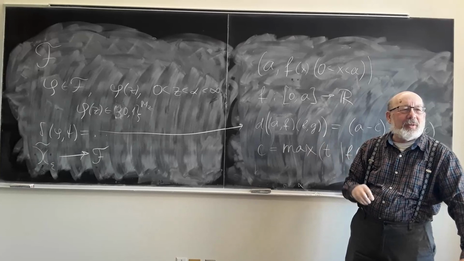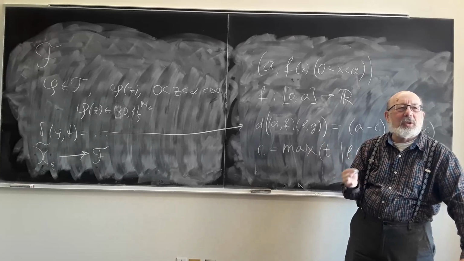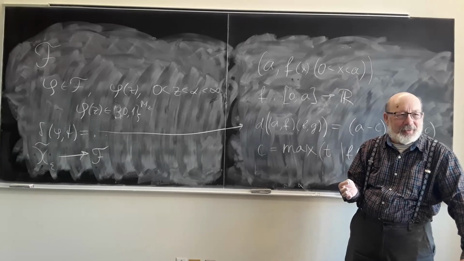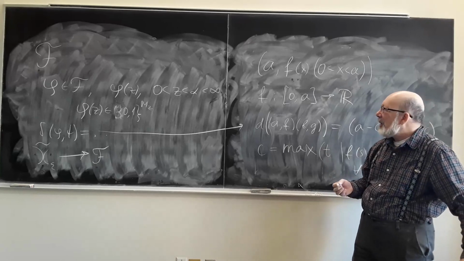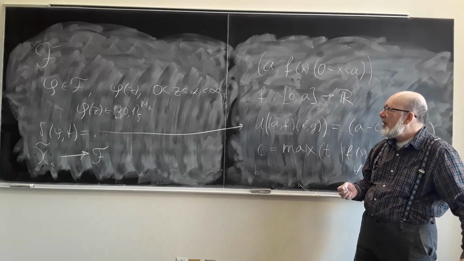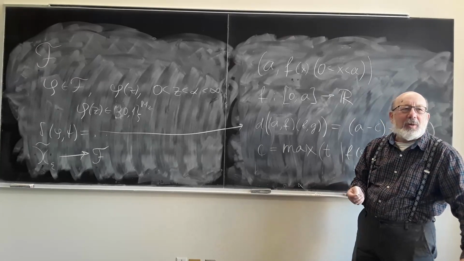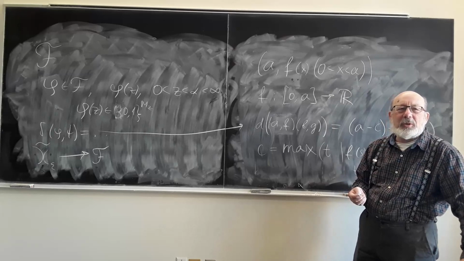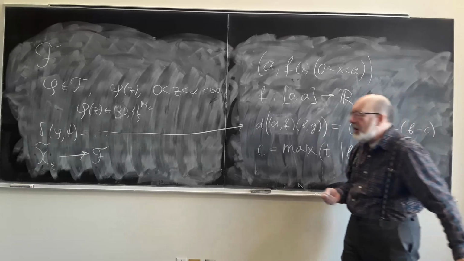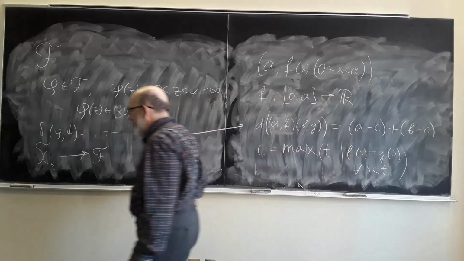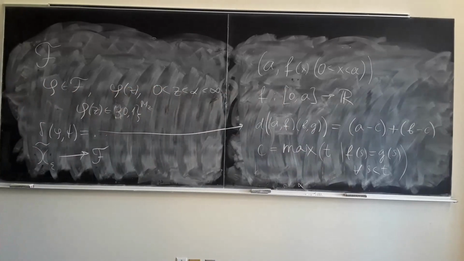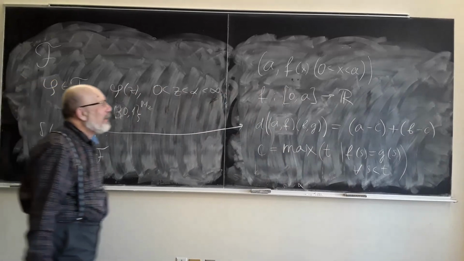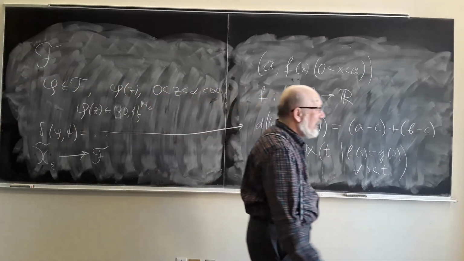But the theorem is that these two metric spaces are not isometric. This was found rather recently by Josef Polterovich, who works at the University of Montreal now.